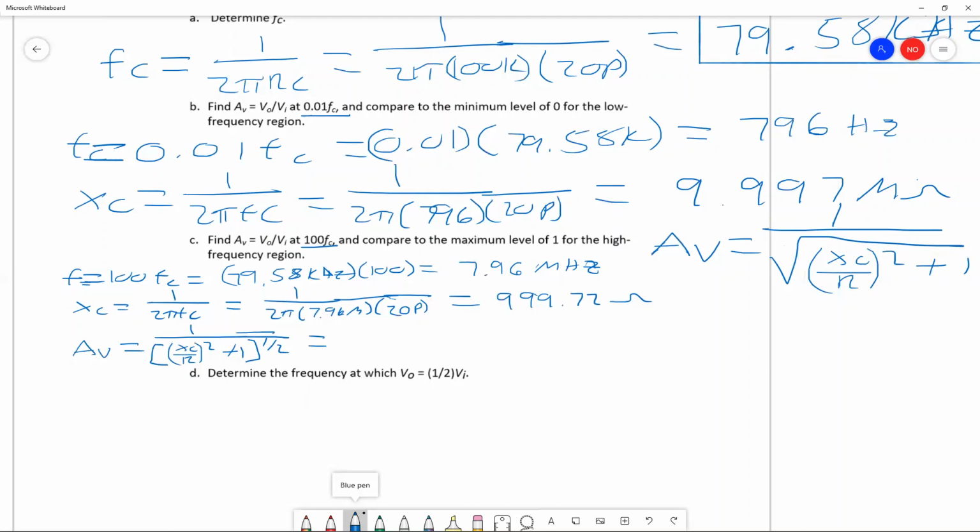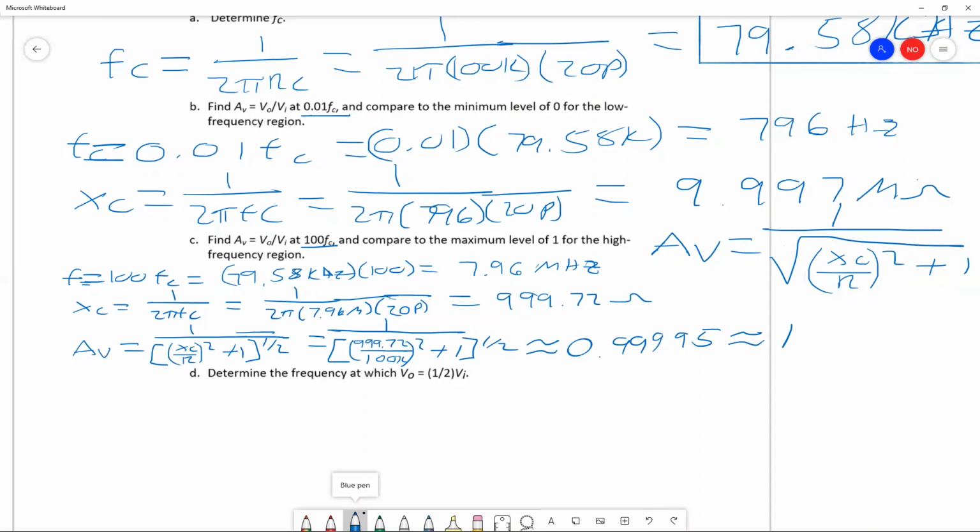It won't change anything. 1 over, let's see, we've got 999.72 over a resistor, which was, if I'm not mistaken, 100K, squared plus 1. And that's all square rooted. And that's going to get you roughly 0.99995, which is basically 1.